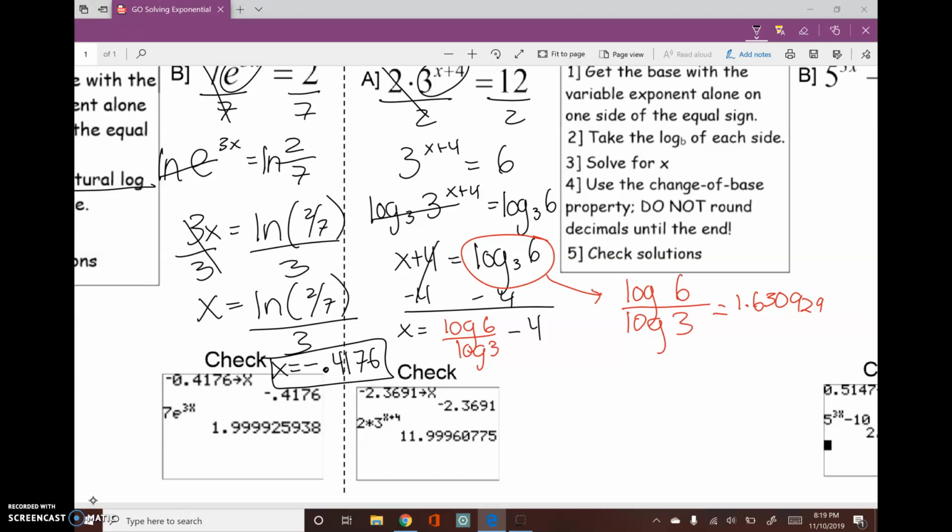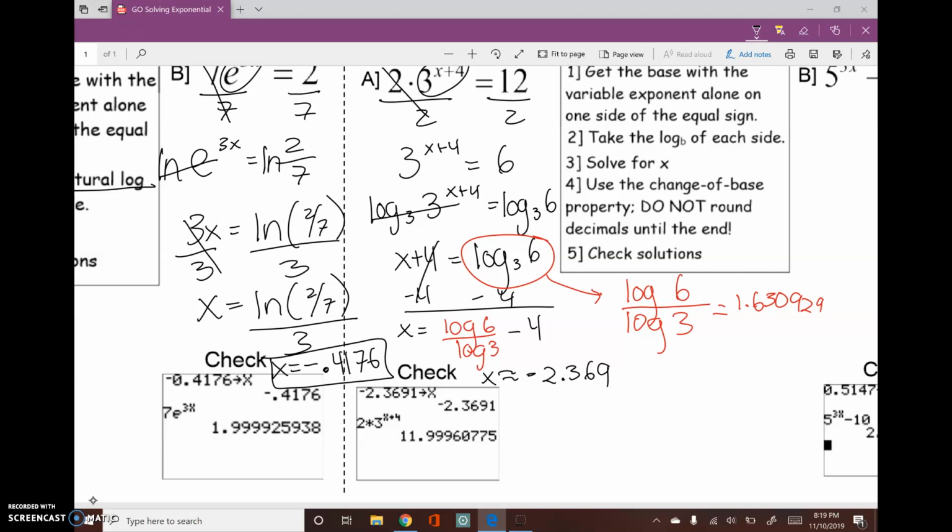So then that would give you at the end, x is about negative 2.369.